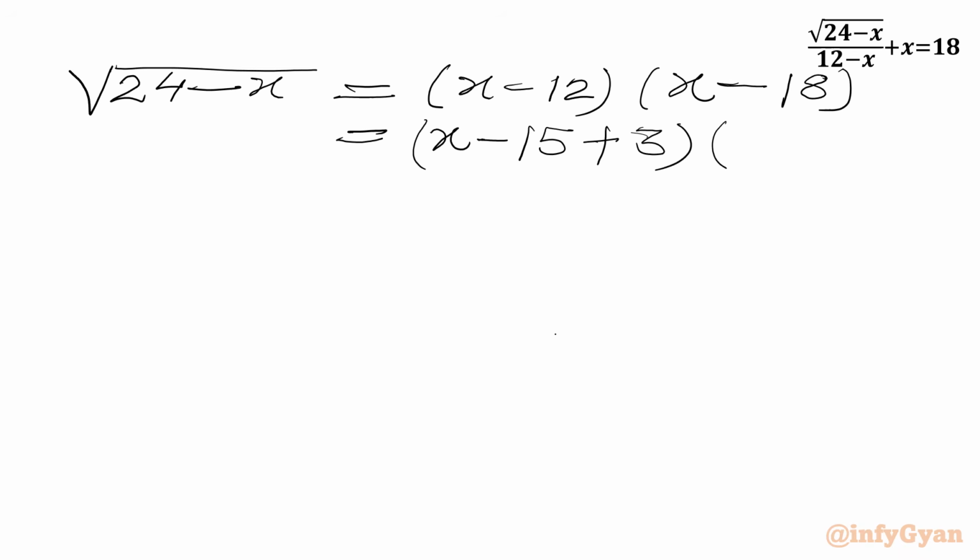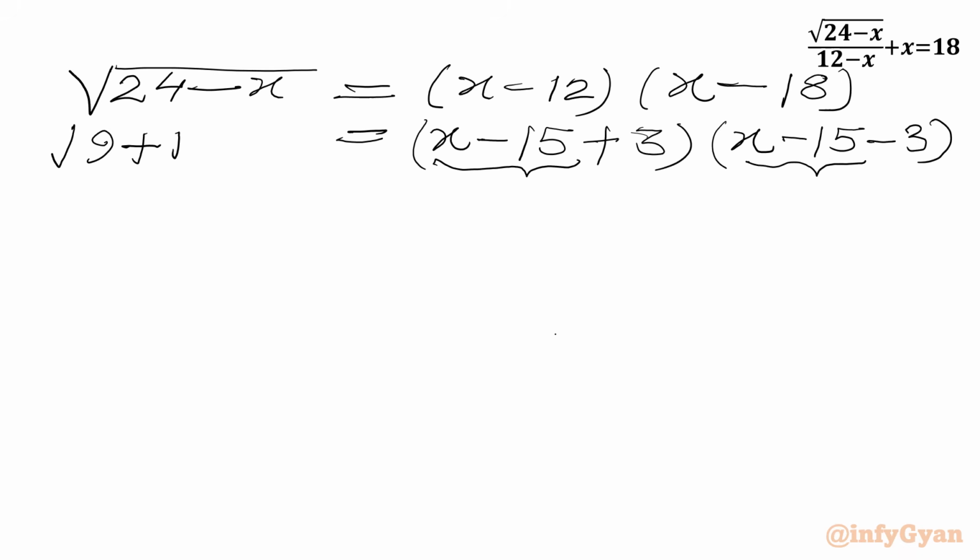We can write x minus 18 as x minus 15 minus 3. So in right hand side we have x minus 15 over here. So we'll write our left hand side. 24 can be written as 9 plus 15. This is 24 minus x.